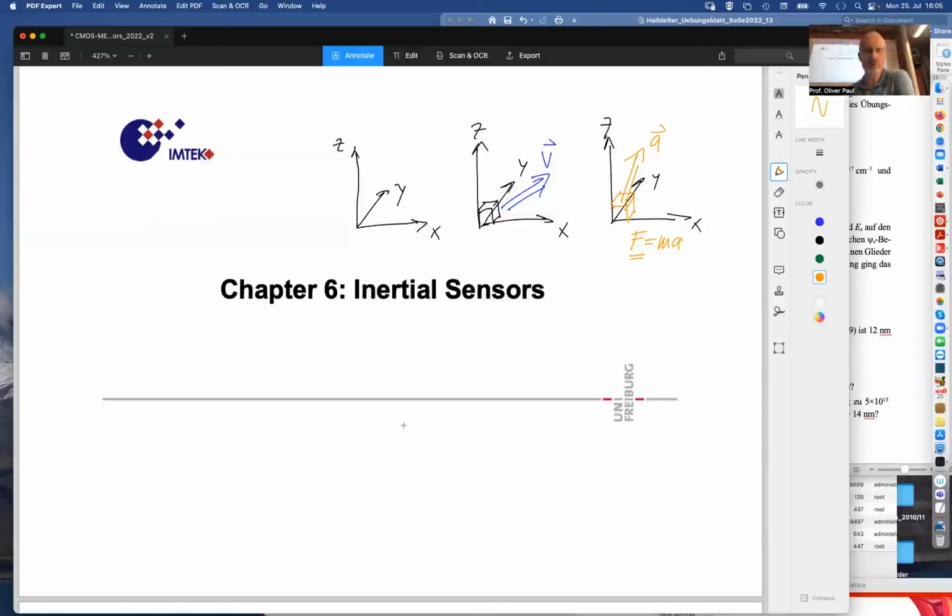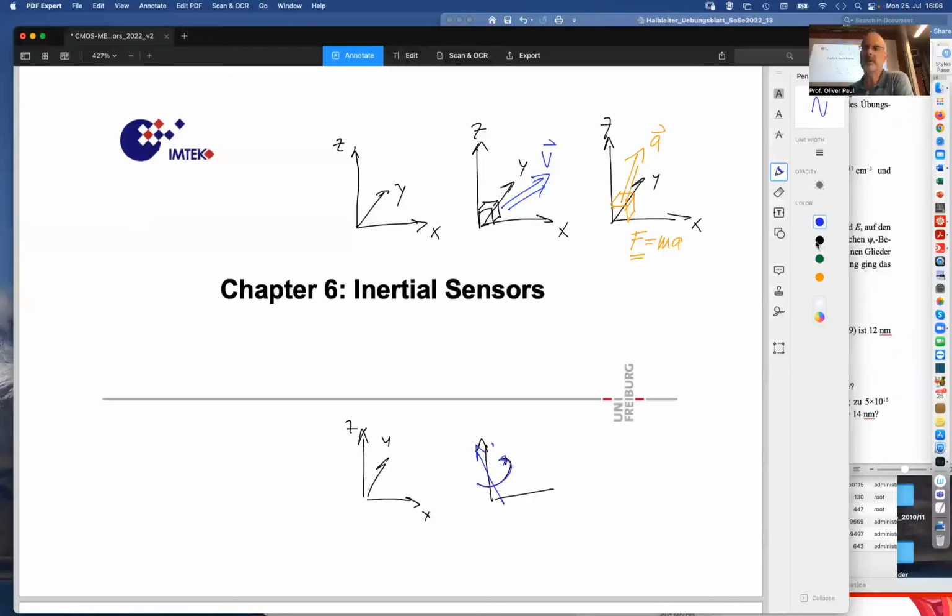Now, if we talk about rotations, this original coordinate system, X, Y, and Z, might be rotated. So it might be in a state of rotation around some vector, which I'll draw here, somewhat obliquely.